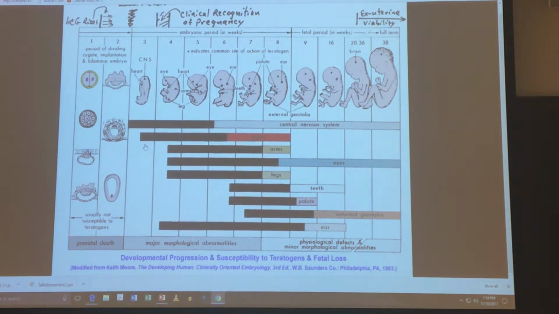So maybe they went out and had a party, and they did some drinking, and maybe they smoked a joint or two, or 3 or 4. And all of those chemicals, or they had a headache, and they took Tylenol or aspirin during this period of time.